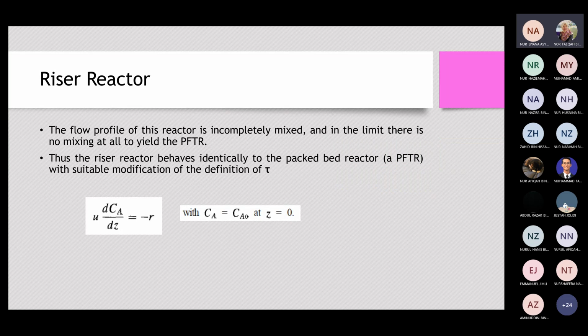So we are done with reactor design. On the application in the calculation, we will look on Thursday. On Thursday we will look at the application of all the equations. We will look at two things on Thursday.